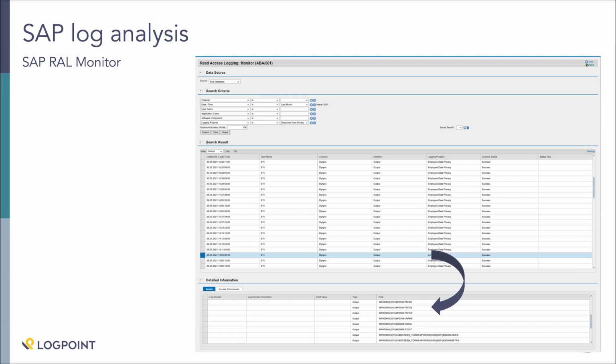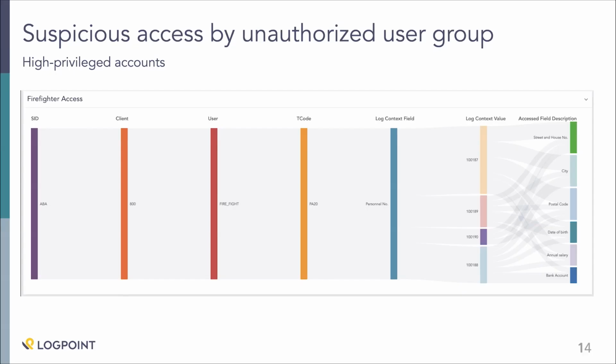With LogPoint, that's a different story. In LogPoint, we are able to detect access to personal data in an SAP system in an automated way. Here, a use case is described about suspicious access by unauthorized user groups. These are high-privileged accounts like the maintenance user or firefighter user.